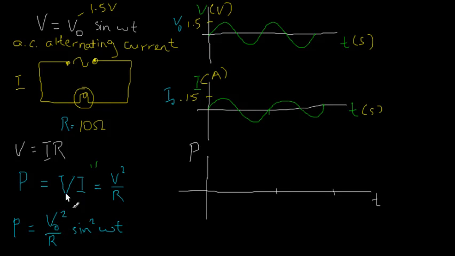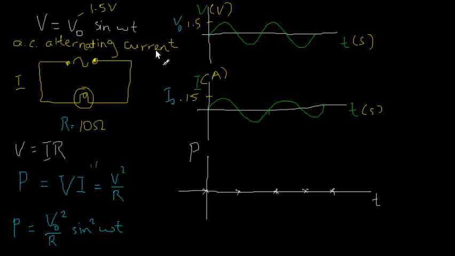If V is 0, V squared is still 0. So the parts where V is 0 should also give 0 power. So there's this point, this point, this point, and so on. I can mark those points out. These are the points where the voltage and power are 0.